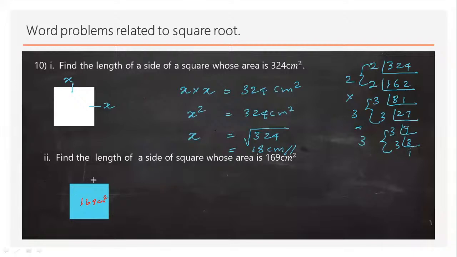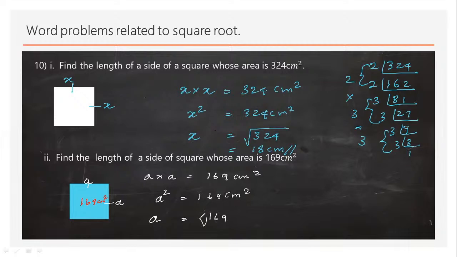I will take a side as A here. This side A and this side also A. A times A, 169 square centimeter. A squared is 169 square centimeter. We have to find A, the square root of 169.